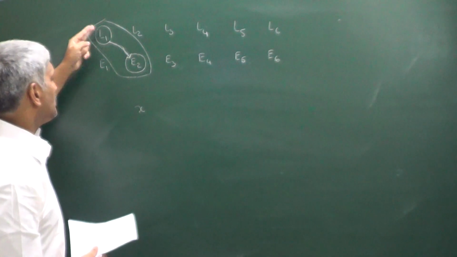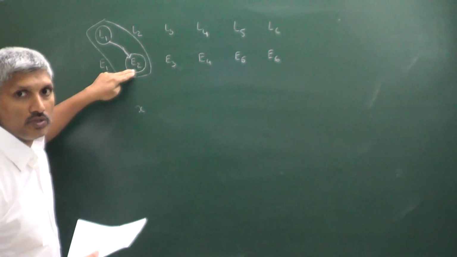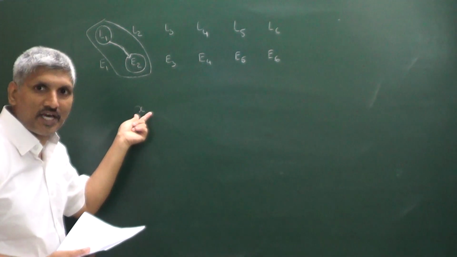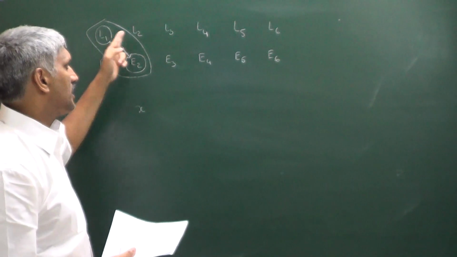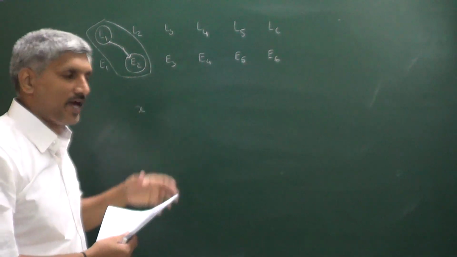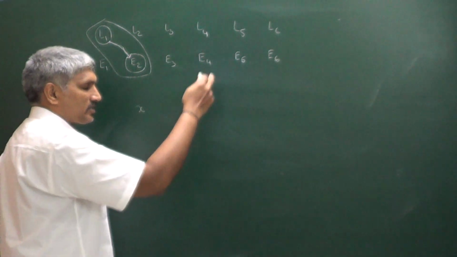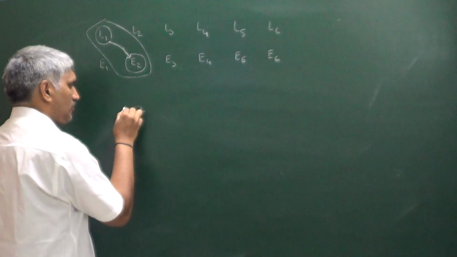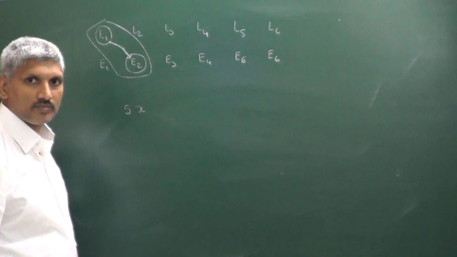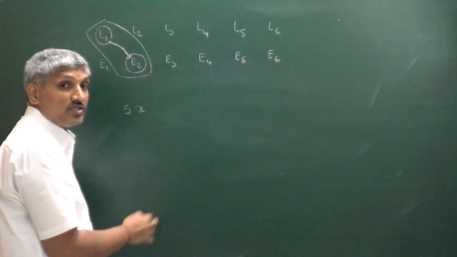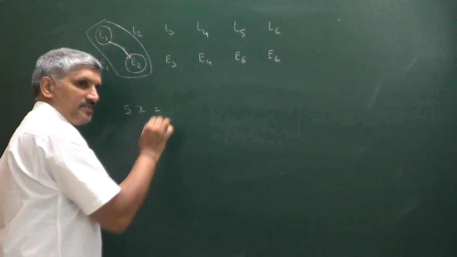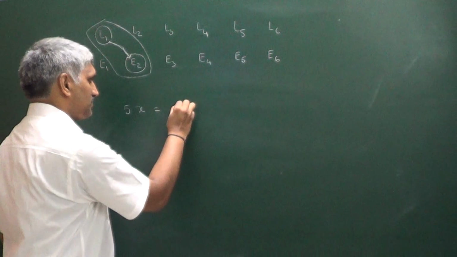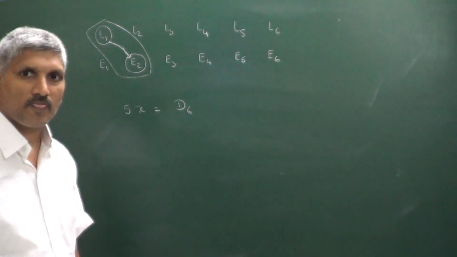So when L1 is entering into E2, the number of dearrangements is X. Similarly, L1 entering E3 also the same X. That's why total X plus X plus X plus X plus X, you will get 5 times X, which is nothing but D6.